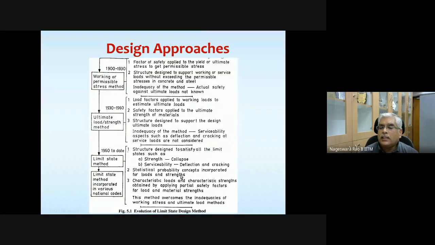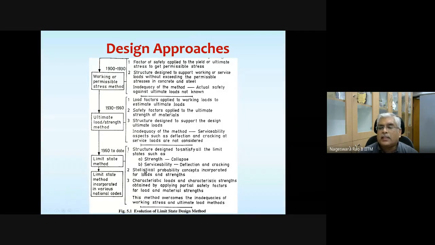Okay. So the partial safety factors that we are going to use in limit states are based on probability concepts, and also characteristic loads and characteristic strengths are obtained by applying partial safety factors for load and material strengths. And this method overcomes the inadequacies of working stress as well as ultimate load methods.